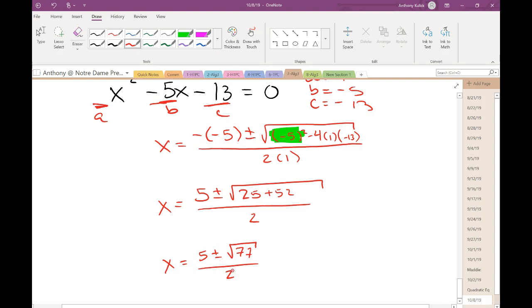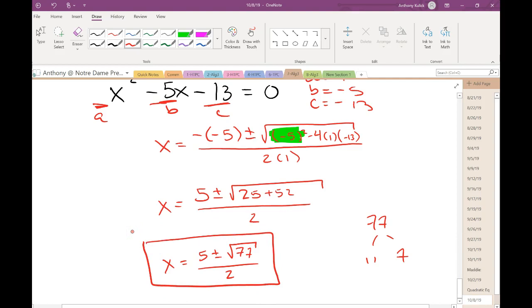And the square root of 77 is not a perfect square. And I can't simplify the square root of 77 anymore because 77 doesn't contain any perfect square factors. Its prime factorization is just 7 times 11. So this is as good as I can do.